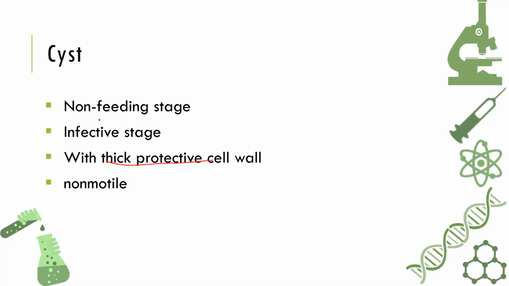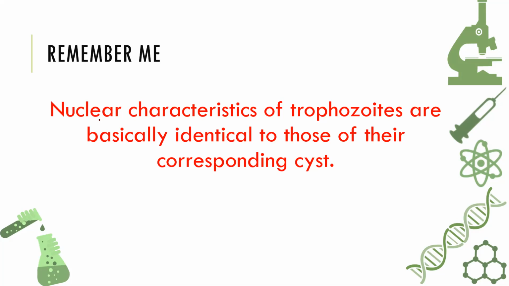Now, I want you to remember this one: nuclear characteristics of trophozoites are basically identical to those of their corresponding cysts. It simply says that what you see in the trophozoite is most likely also present in the cystic stage.